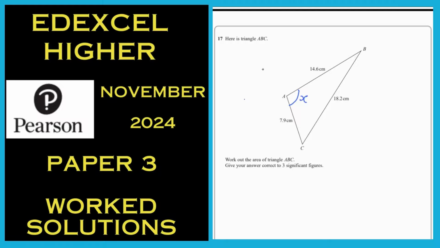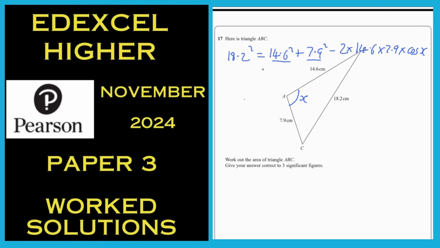I'm going to use the cosine rule standard. The side opposite the angle you want is equal to the other two sides squared and added, minus 2 lots of the same two sides multiplied together, times the cos of the angle that's between these two sides. In other words, for me, it's x.